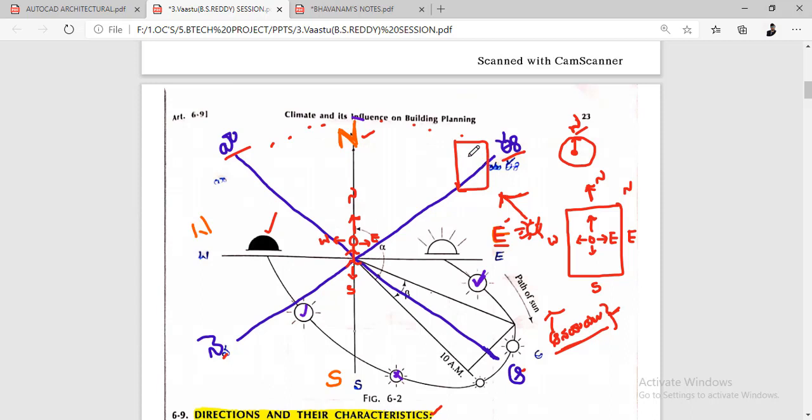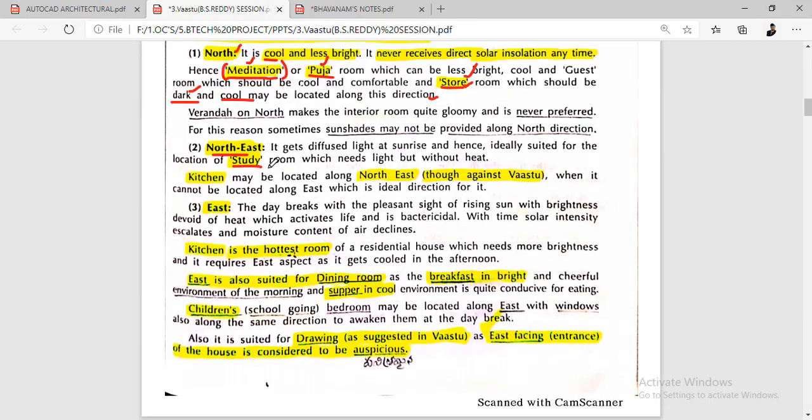So which place is better? This one. In the morning time you will get the sunrise, and in the afternoon, even if you want to go to study, you can study here. There are no sun rays here, so you would never get a hot condition. That's why this is the coolest place, and this is mostly preferable for study. Like that it says.